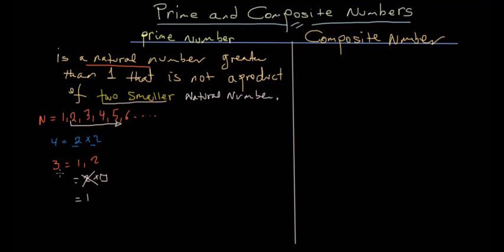How about 1? Still, 1 is smaller than 3, but you would have to multiply by 3, and 3 is not smaller than 3. This doesn't satisfy the condition of two smaller natural numbers. So that's why 1 is not a prime number.